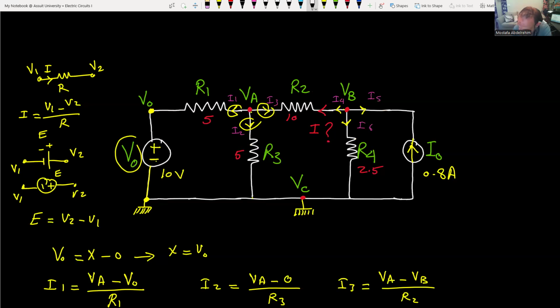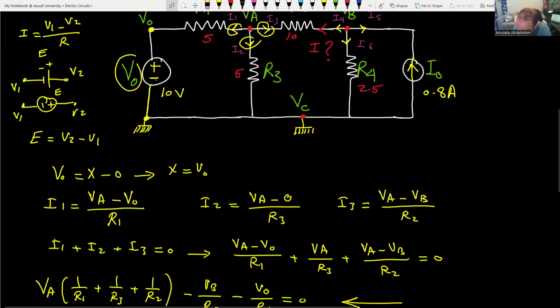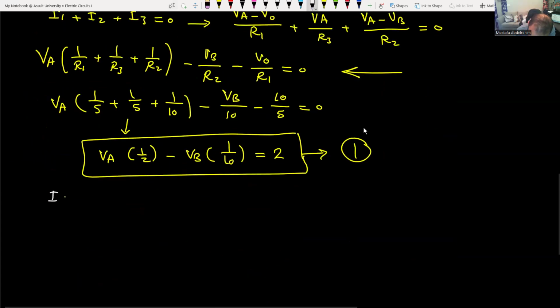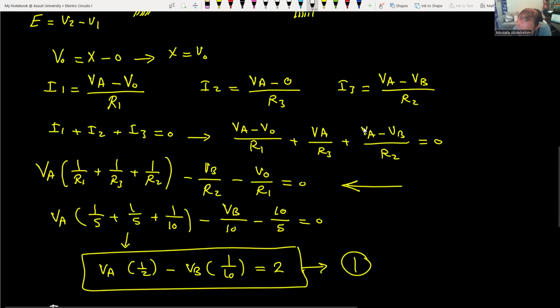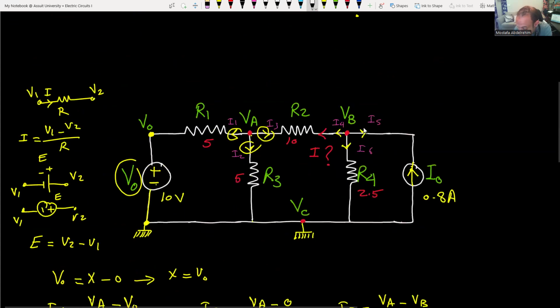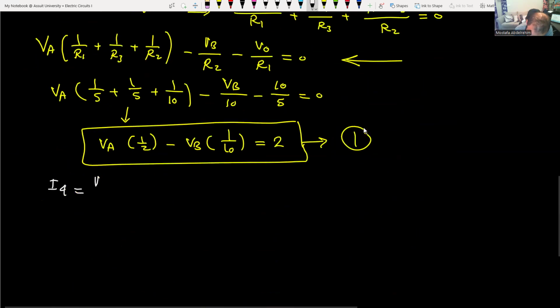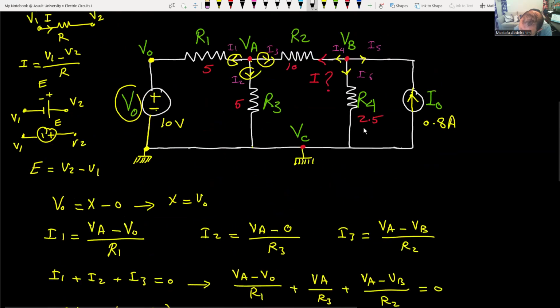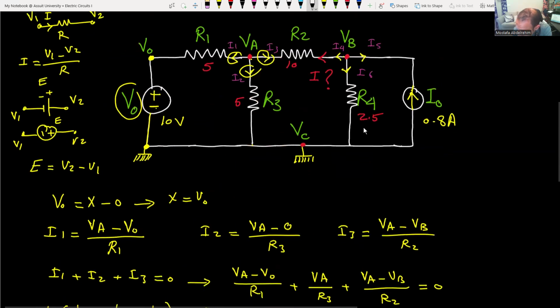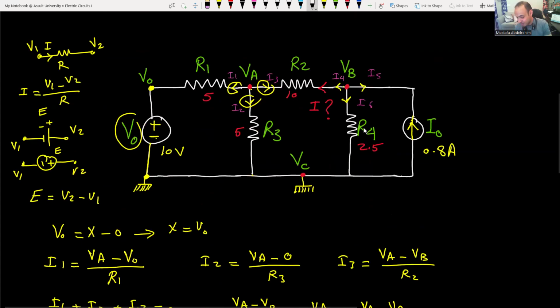Let's solve with another color. I4 is flowing from VB to VA, so it's equal to VB minus VA over R2. Then I5. I5 is good, that's very good to know. I5 is flowing in the branch of the current source.